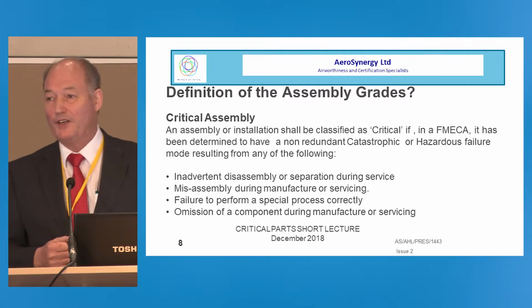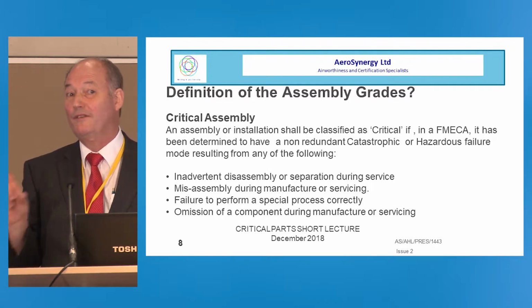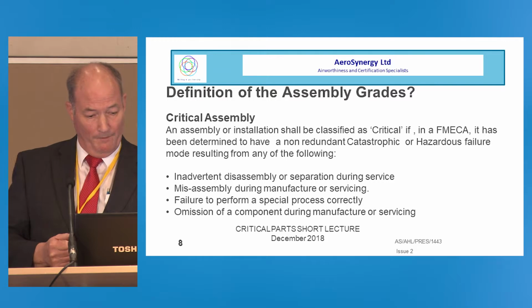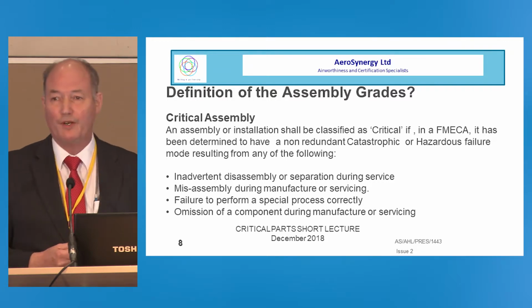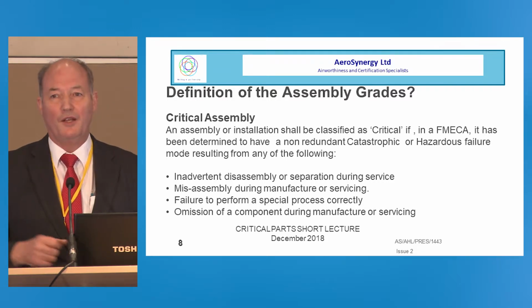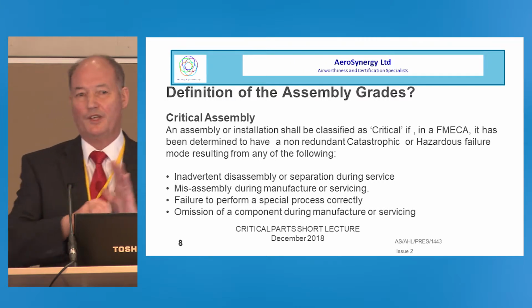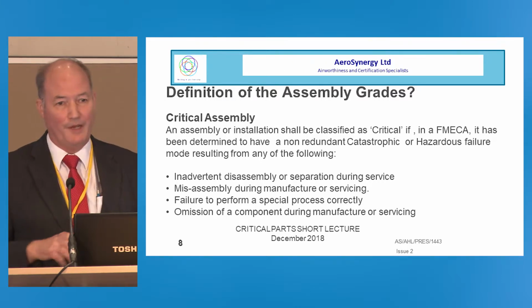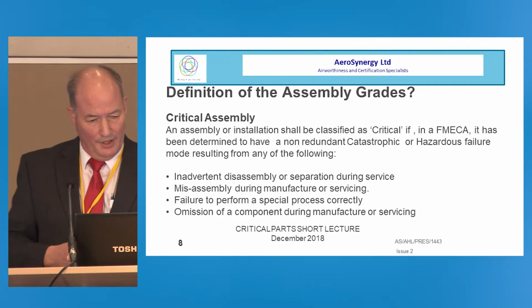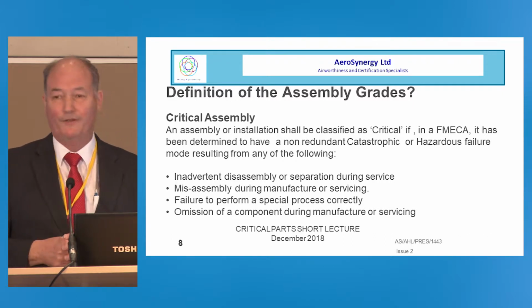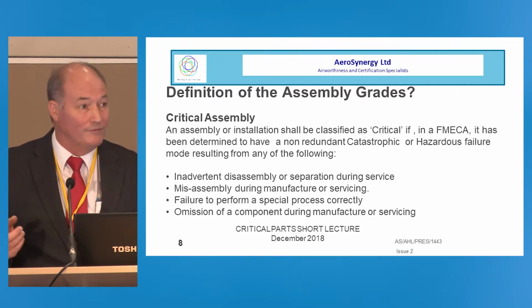Misassembly during manufacture or servicing, maybe a non-return valve could go in back to front. Failure to perform a special process correctly, say the bonding of the shaft to the coupling on the tail drive shaft, if that process was done incorrectly. Omission of a component during manufacture or servicing, say an O-ring missing.